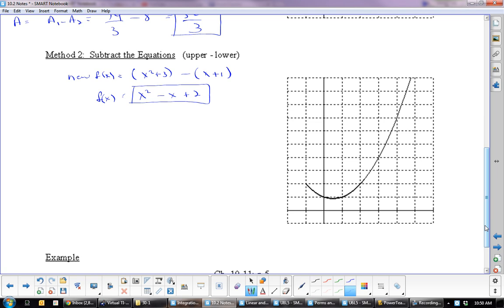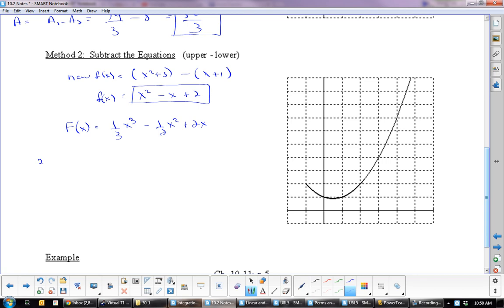And you never know if you've got extra time in your test and you're like, okay, I'm done. Maybe I should try the other way and make sure I got it right. Now, let's find the antiderivative. So 1/3 x cubed minus 1/2 x squared plus 2x. And again, we don't have to put the c's because they'll subtract out anyway.